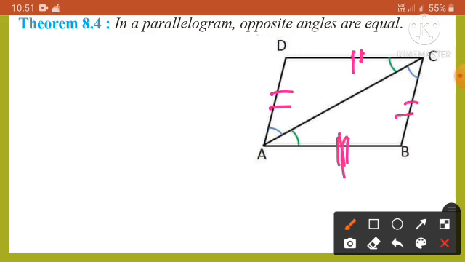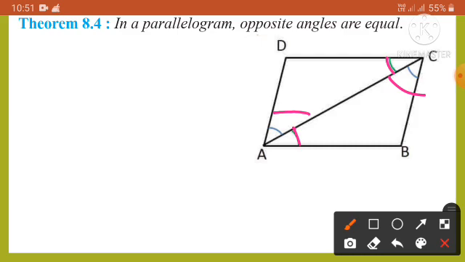Since AB parallel to DC and AC is the transversal, angle BAC is equal to angle DCA, alternate angles. And also AD parallel to BC and AC the transversal, so angle DAC is equal to angle BCA, alternate angles.